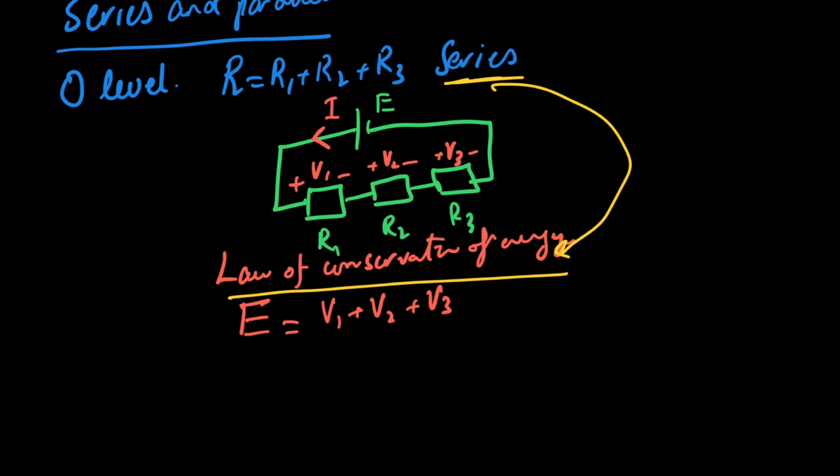So remember that E always refers to the source: cell, battery, generator. And the V's always connect to the load, giving you the idea that, okay, this is the load side. So basically what we're trying to say is that the energy supplied by the source must be equal to the energy that the loads have consumed. Energy conserved. Energy supplied is equal to energy consumed.